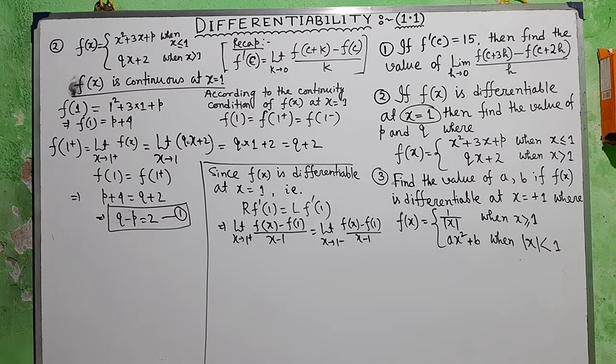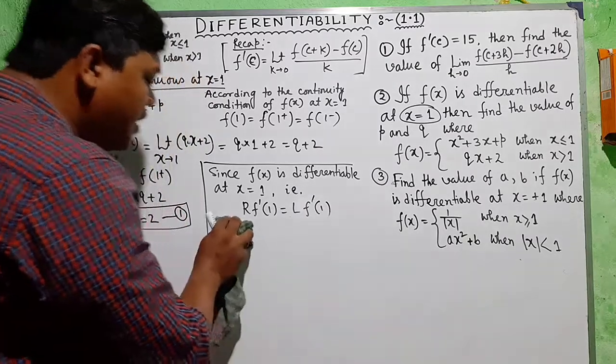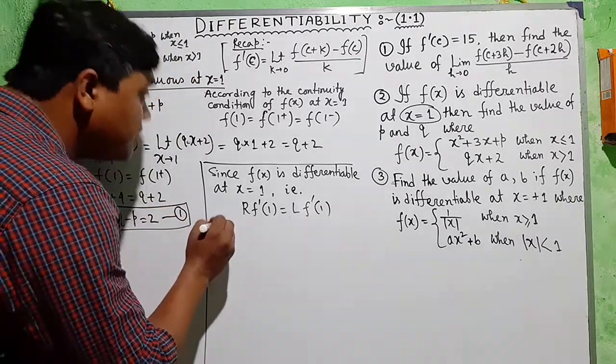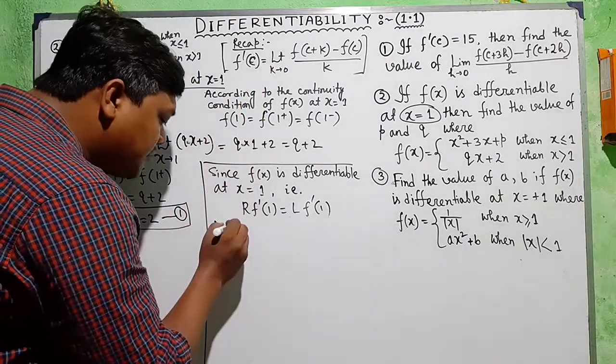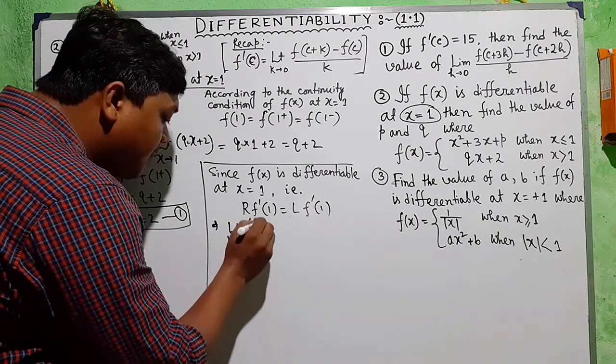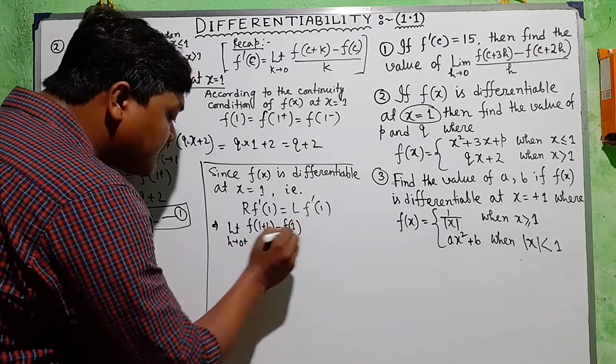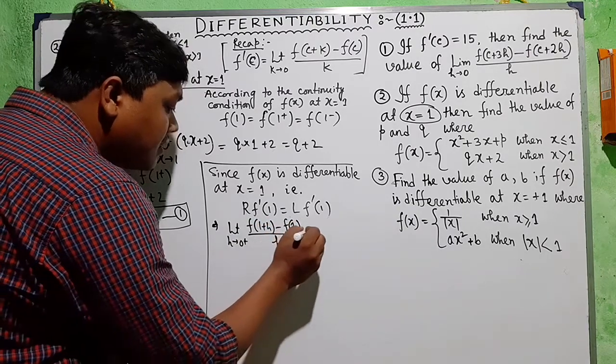Clear? f(x) you can write down here also in this fashion, or otherwise you can calculate another way. Okay, so in this way you can calculate another way. Limit f(c plus h), that means limit h tends to 0 plus (f(1 plus h) minus f(1)) by h. I just use the definition here.